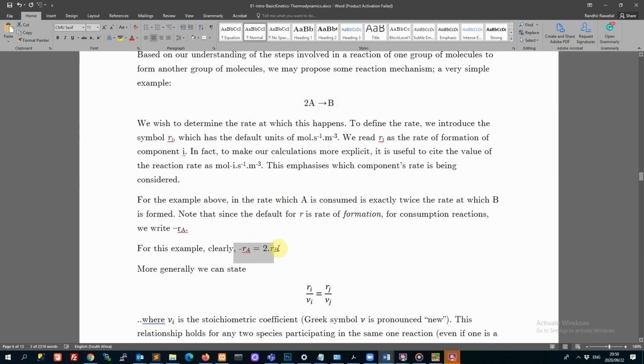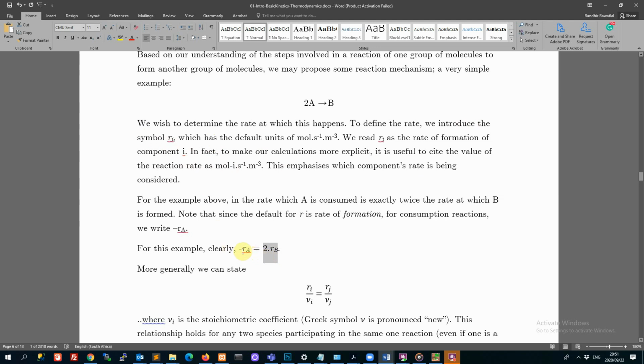And this is how we can write that, right? The rate at which A disappears, and note the minus sign here. That's a deliberate minus sign. So we read this as the rate of consumption of component A. So the rate at which A is consumed is twice the rate at which B is formed. So by default, Ri itself is the rate of formation, and then minus R is the rate of consumption.